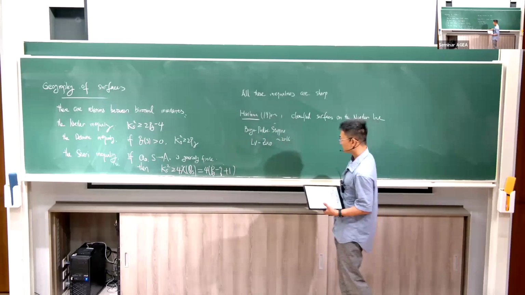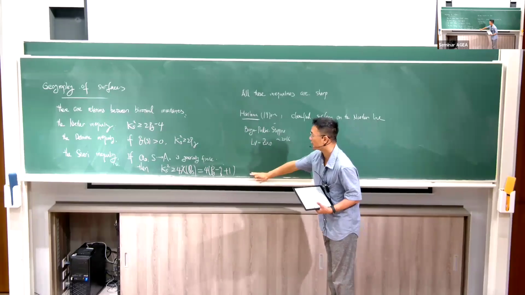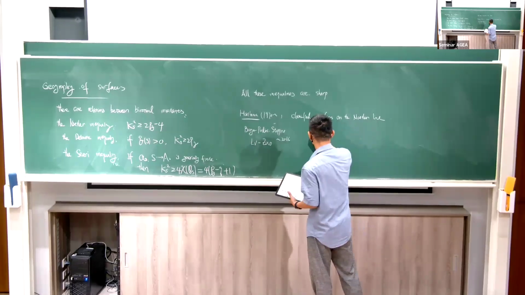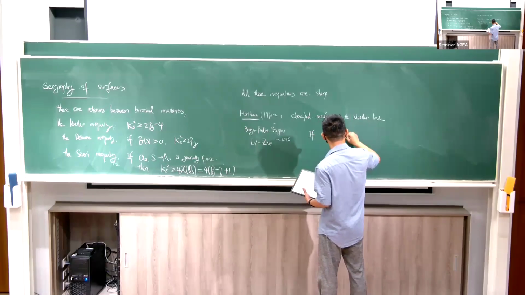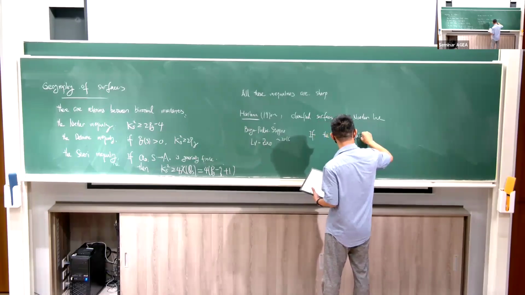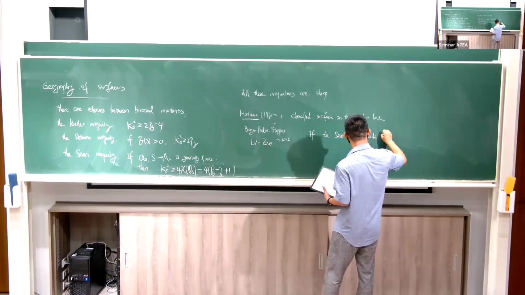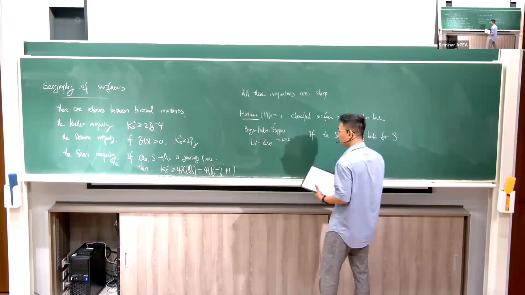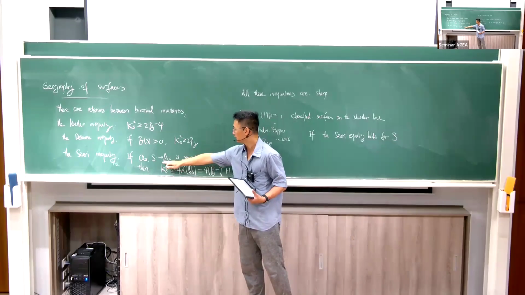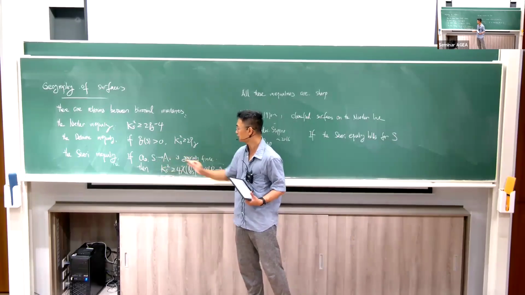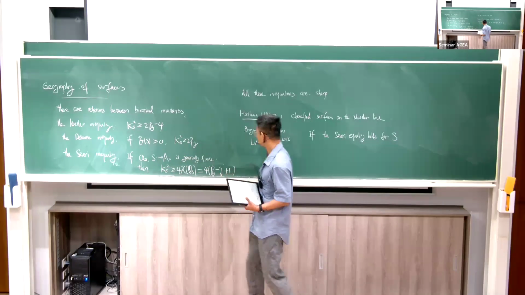This says that if Severi equality holds for S, then we have the Albanese morphism, and the Albanese morphism is actually a double cover.